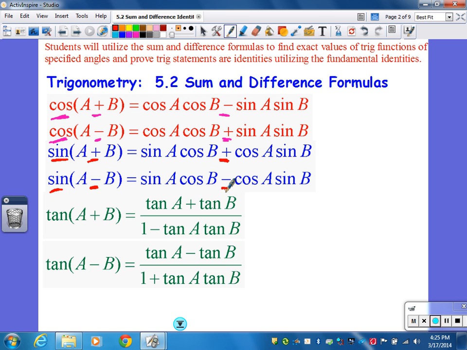And then also, cosine has cosine, cosine and sine, sine, whereas sine has sine, cosine and cosine, sine. Okay, so let's get started.